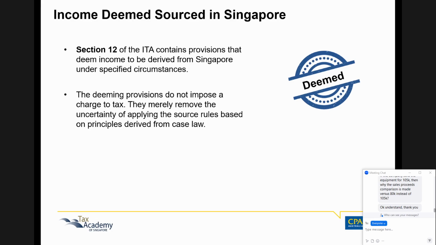Even though they exercise their employment outside Singapore, they will still be deemed as having income sourced in Singapore. But that's also because in most cases, the other countries also don't tax the income over at their side.